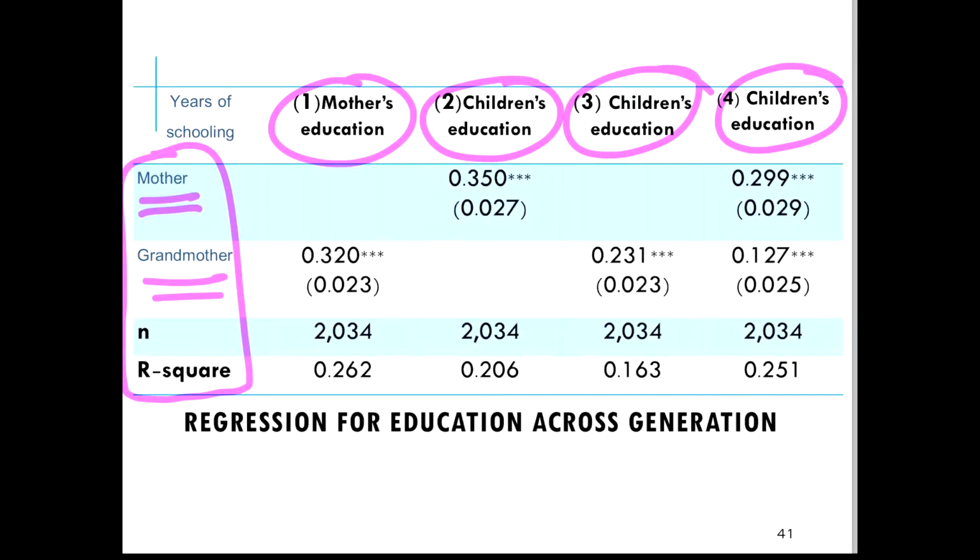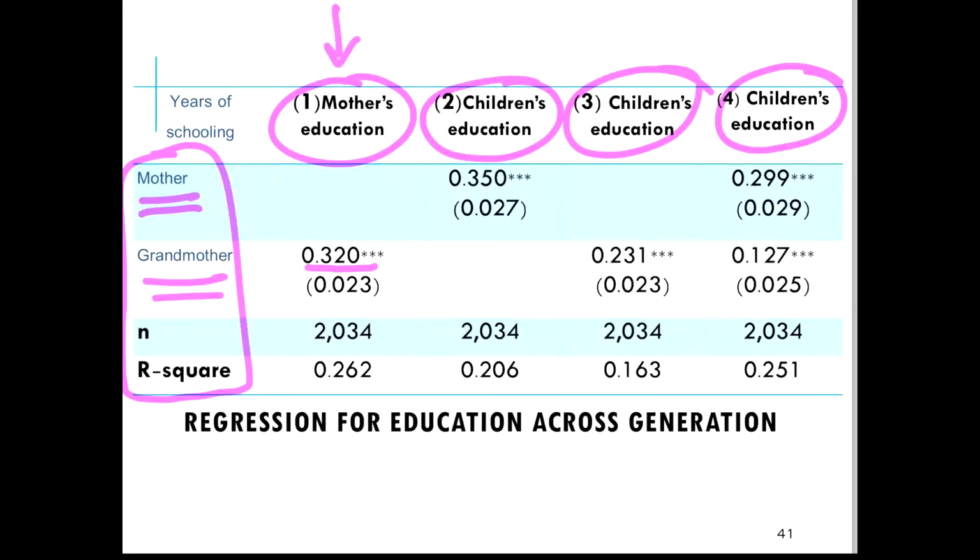See model number 1: the mother's education is related to the grandma's, 0.320, significant at the 0.01 level, or 99%, right?